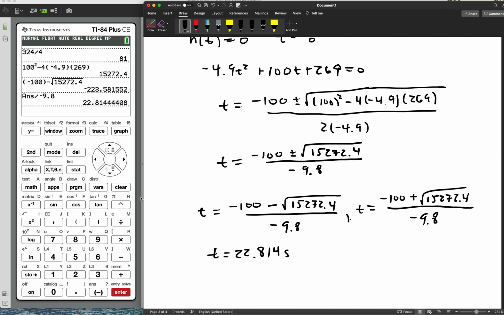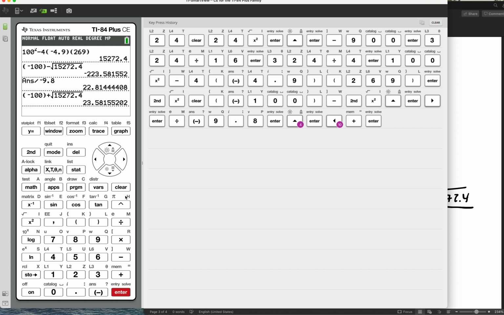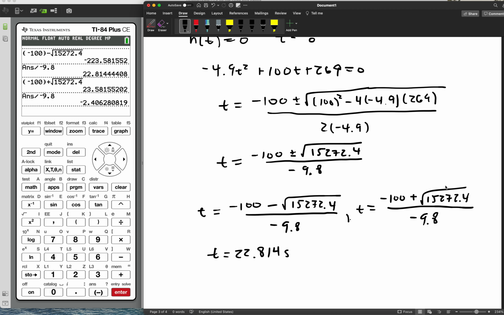Seconds. Or it could be the same thing, but with a plus sign in the middle, and then you divide that by negative 9.8. Negative 2.41 seconds.